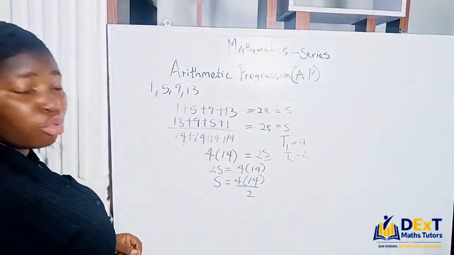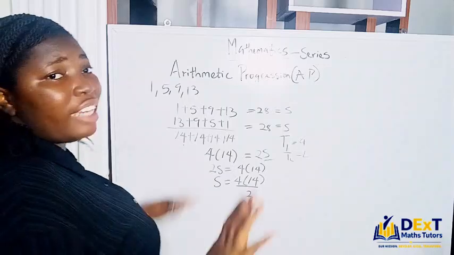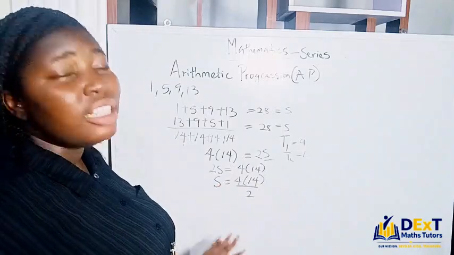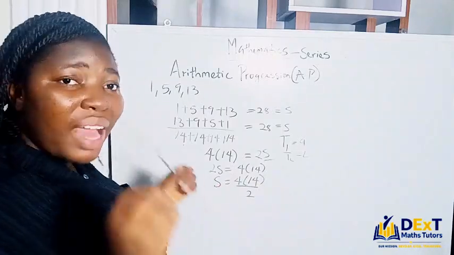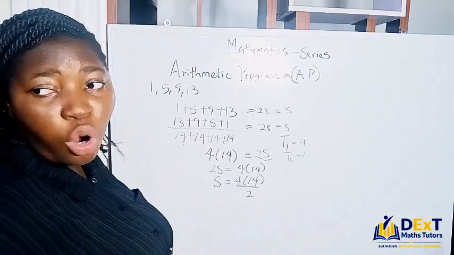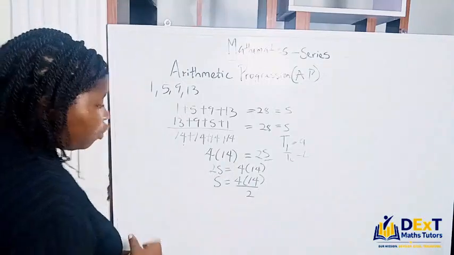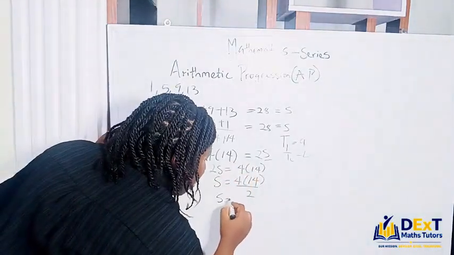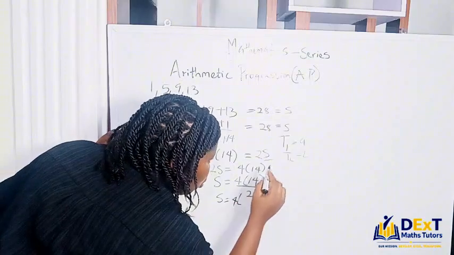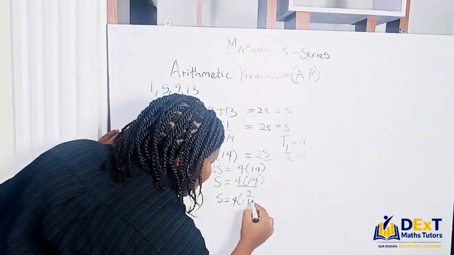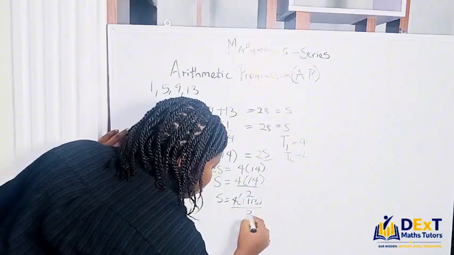The sum of those two gives us 14. You can try this with any other set, and it's the same. But like I said, the best thing is to get a formula that works for all, and we are trying to derive that. So we can say our S equals 4 into, again, 1 plus 13, all divided by 2.